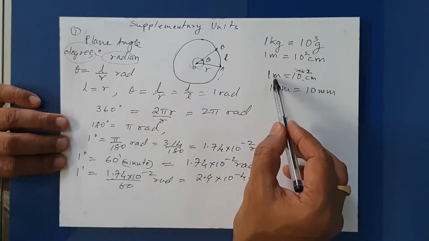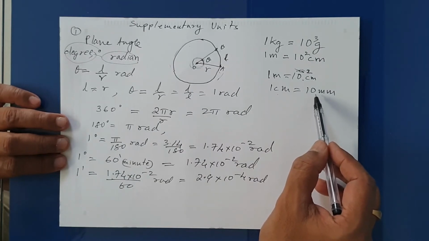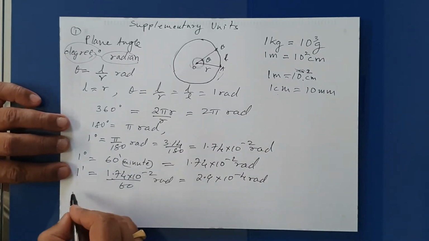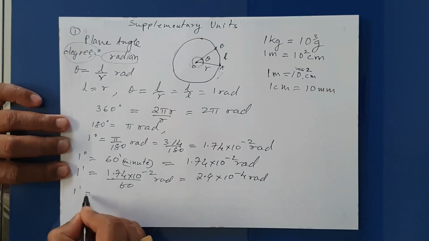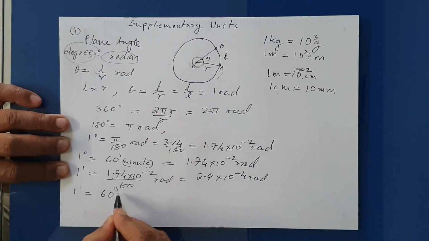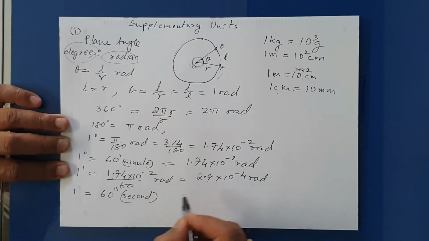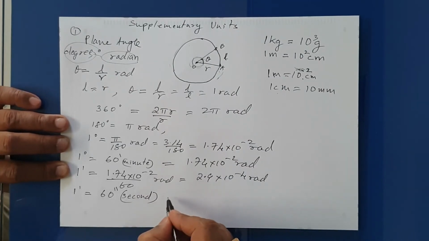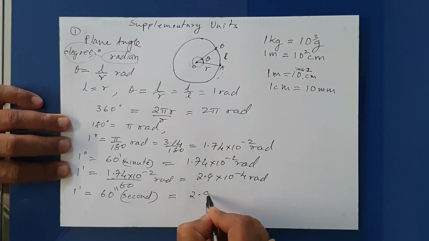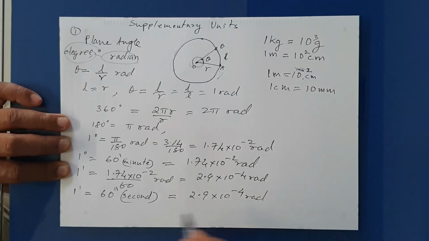Again, 1 meter is equal to 100 centimeter and 1 centimeter equal to 10 mm. Similarly, 1 minute is further divided into 60 seconds. This is the symbol for seconds. Again, this second is not the unit of time, it is the unit of plane angle. 1 minute is 2.9 into 10 raised to minus 4 radian.